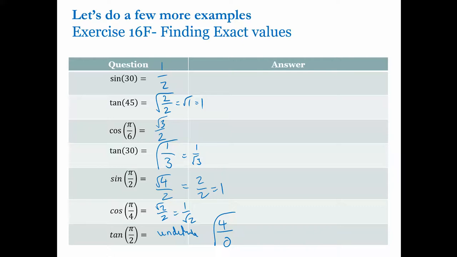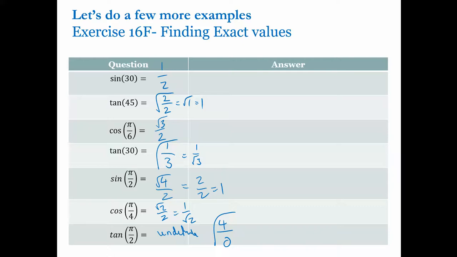Mazen, what is tan of pi on 6? 1 over root 3 is correct. Daja, what is sine of 0? 0 is correct. Let's go with Michael. What is tan of 0? It is 0. I've chosen everyone on that side there.